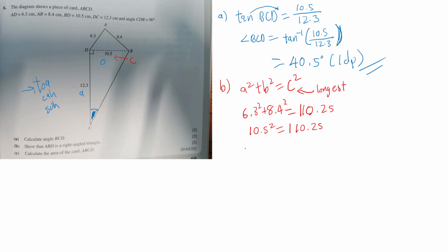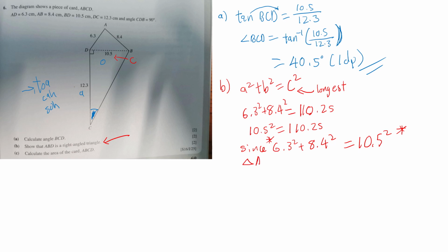So since 6.3 square plus 8.4 square is equal to 10.5 square, this statement is very important. This part down here is very important that you write this kind of statement when they ask you to prove whether this one is a right angle triangle. Since A square plus B square is equal to C square, you need to show that it follows Pythagoras theorem.